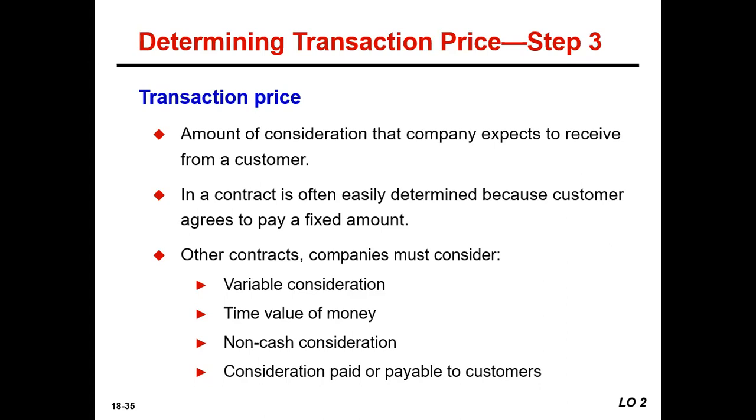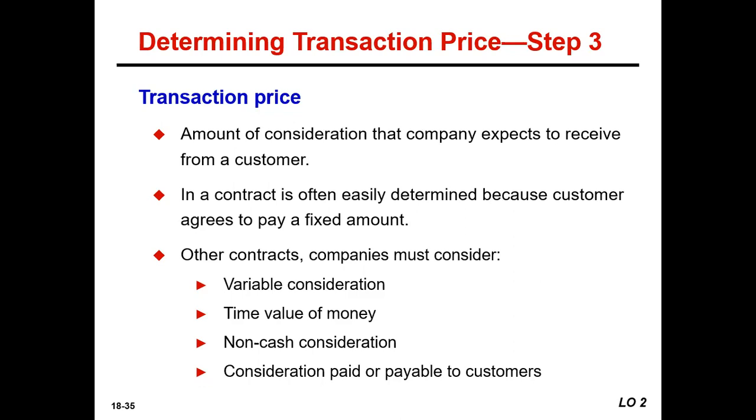The underlying concept here pertains to the expected value approach. That is related to warranties before, determining the liability for warranties. So this is what we meant by variable consideration.